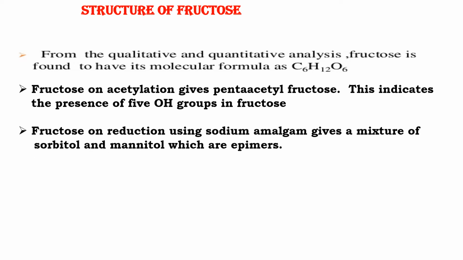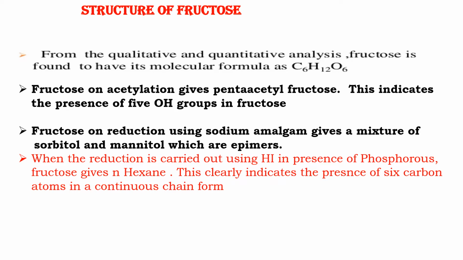Fructose on acetylation gives penta-acetyl derivative. Penta-acetyl derivative is only possible when the molecule has 5 OH groups. So this penta-acetylation clearly indicates that fructose molecule contains 5 OH groups.